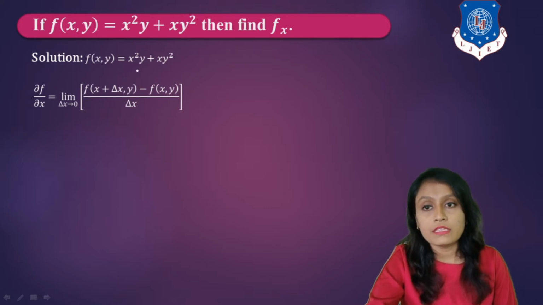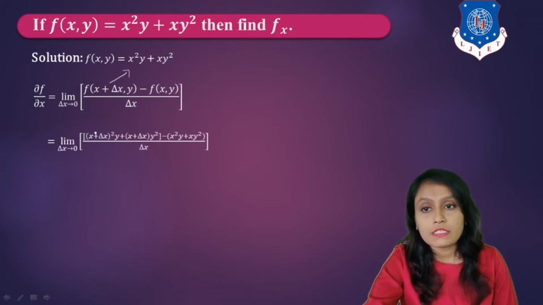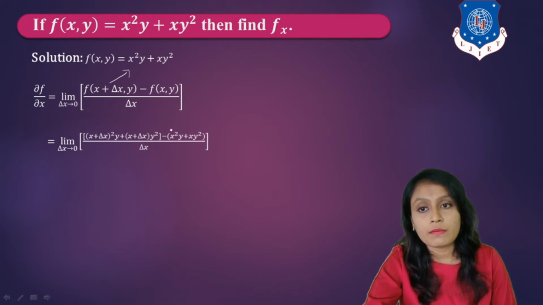Now in this function, in place of x we will write x plus delta x, and y we will keep as it is, minus this function f of x y, upon delta x. So substitute: x plus delta x whole square into y plus x plus delta x into y square minus this function f of x y as it is, upon delta x.